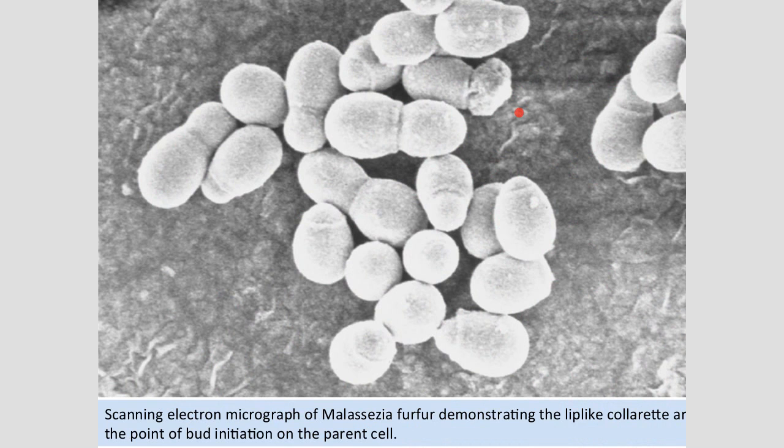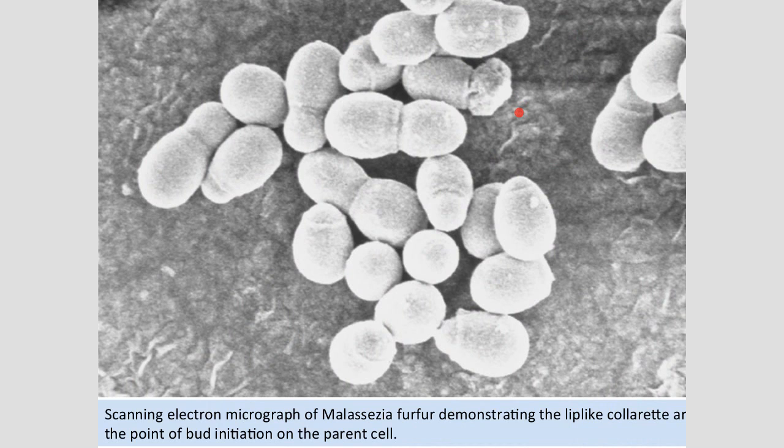If you look at it under an electron micrograph, you see Malassezia furfur, and it has, let me call it, a typical example. It's like a lip-like collarette. We call it a lip-like collarette over here, and here, and here. That's a typical pattern where we call it initiation of budding.